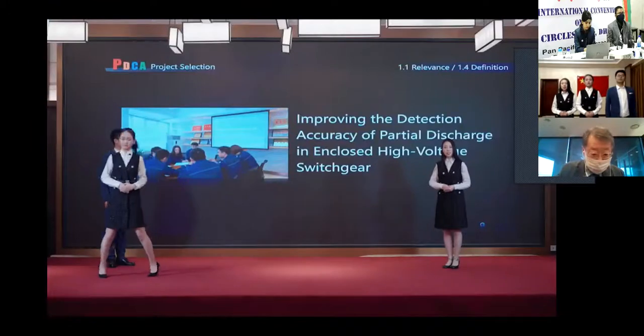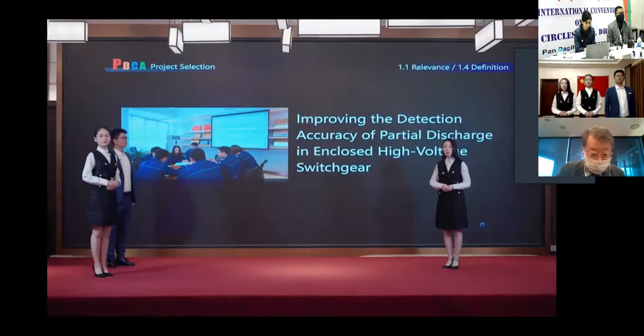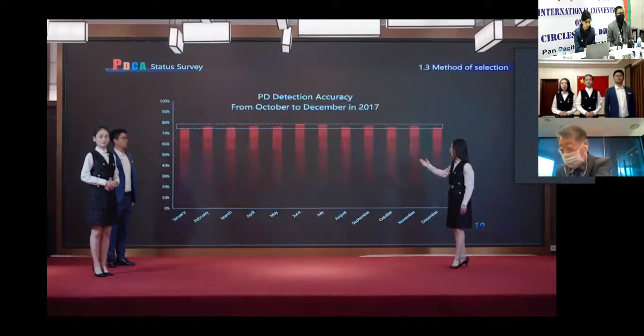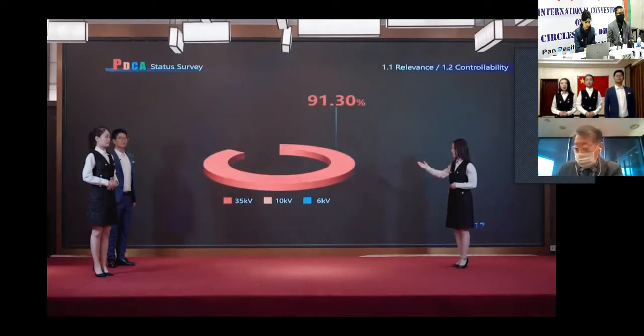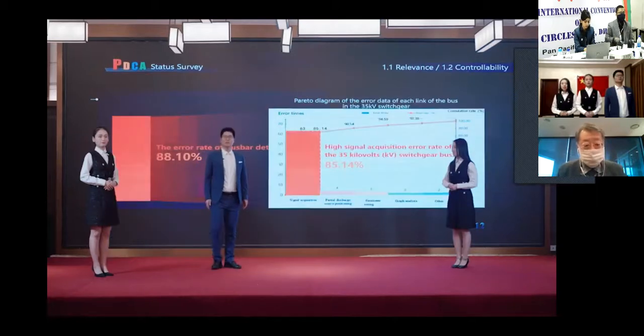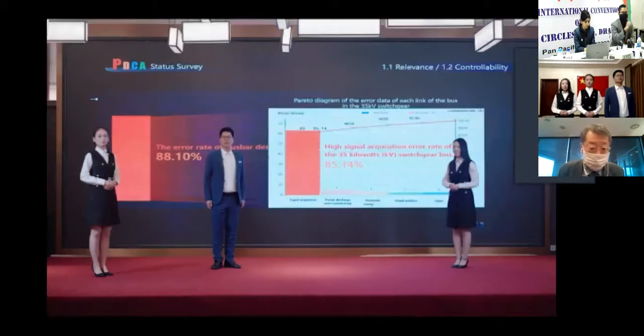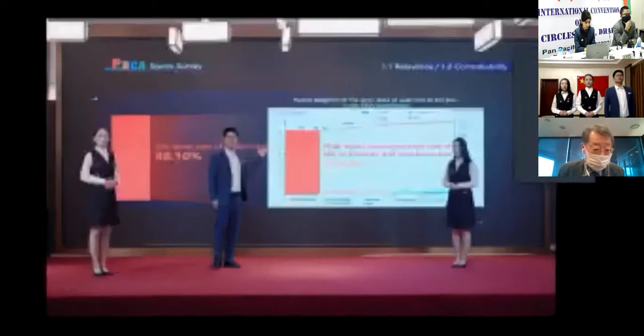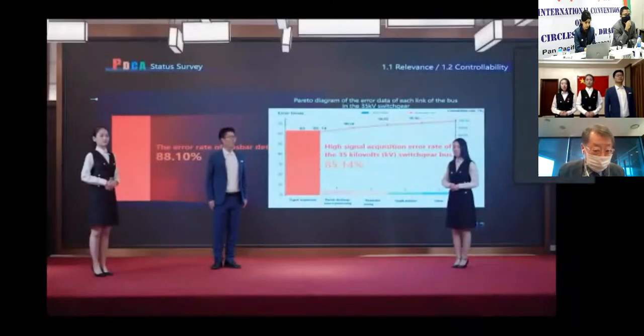Then we conducted a status survey. We used the stratification method to investigate the defects from time, voltage level, error position, and the detection steps. Look, the Pareto diagram showed that the high signal acquisition error rate of the 35 kV switchgear bus was the crux of low accuracy.